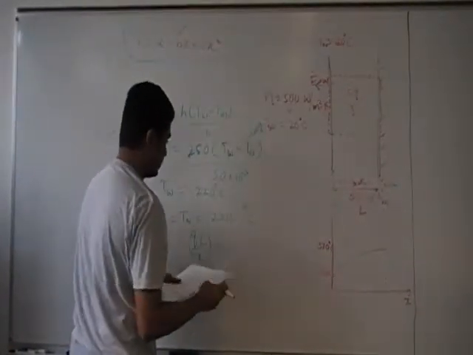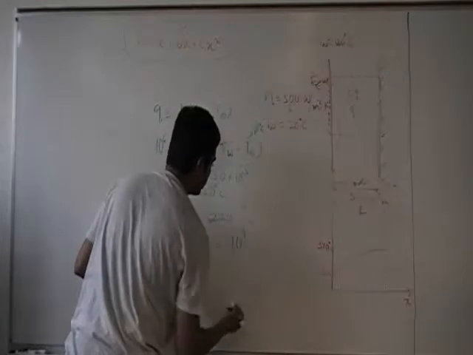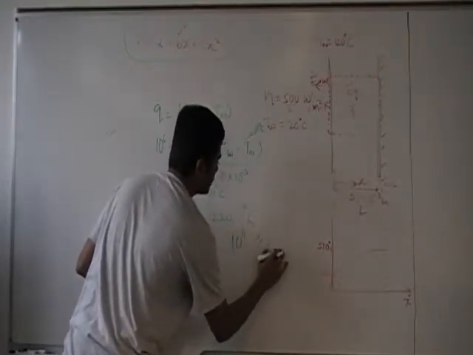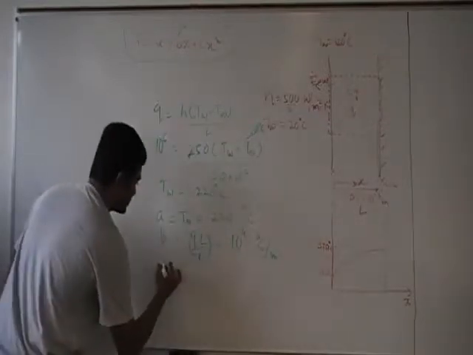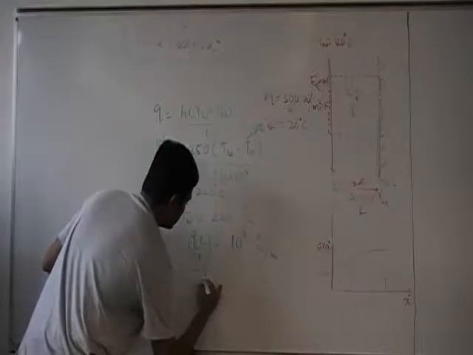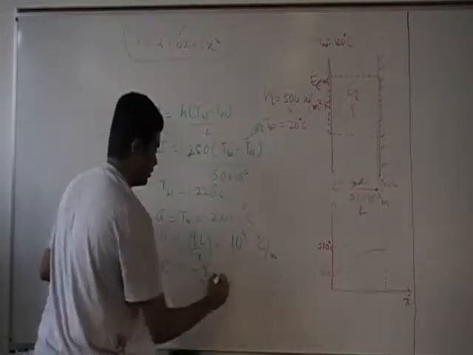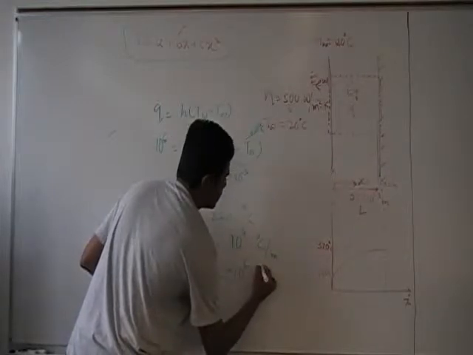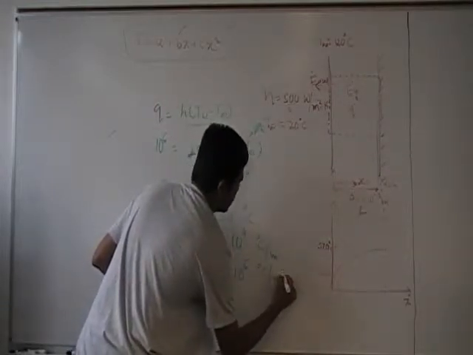And so it'll continue to remain 10 to the 4th degrees Celsius per meter. And C, which is negative Q dot by 2K, will remain negative 10 to the 5th degrees Celsius per meter squared.